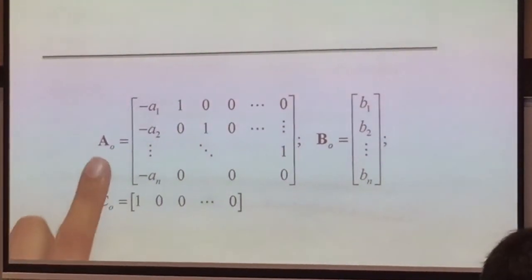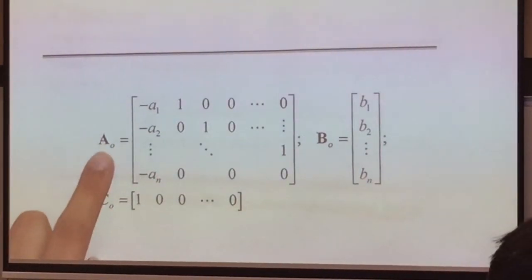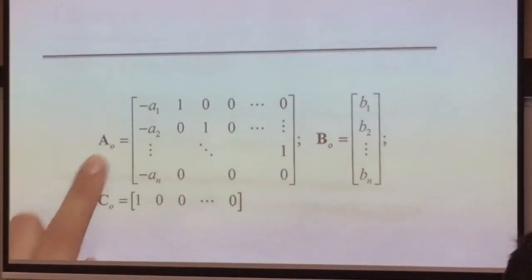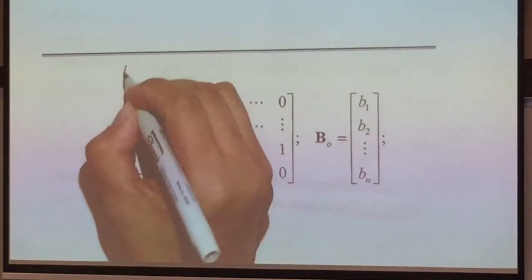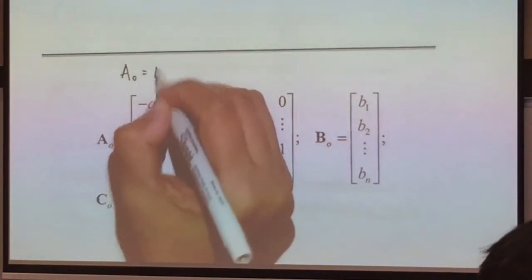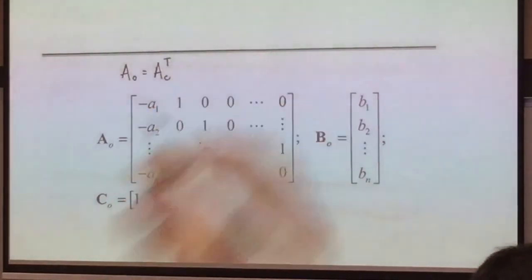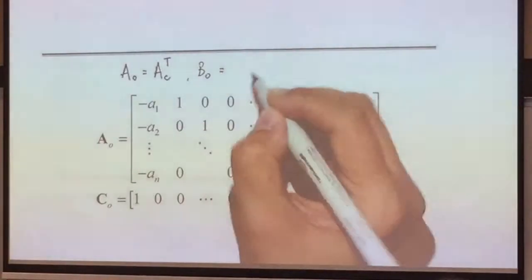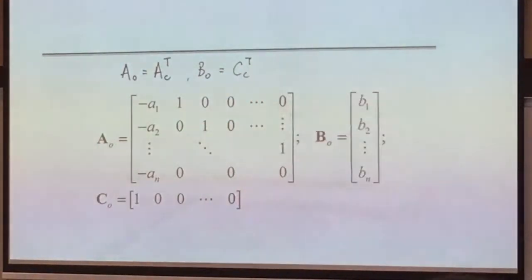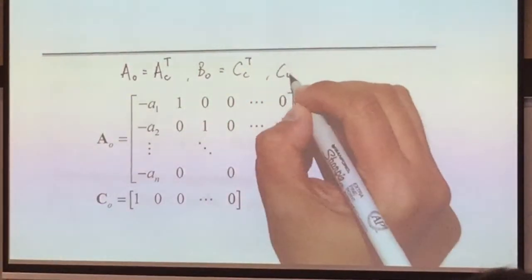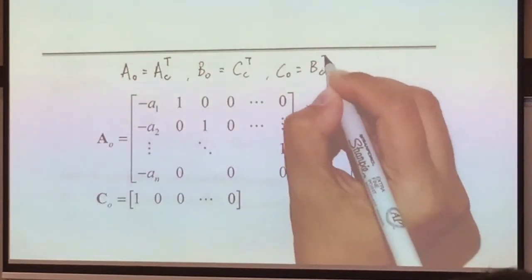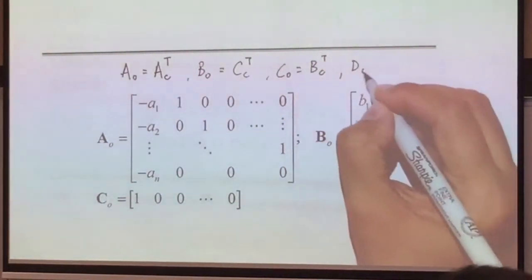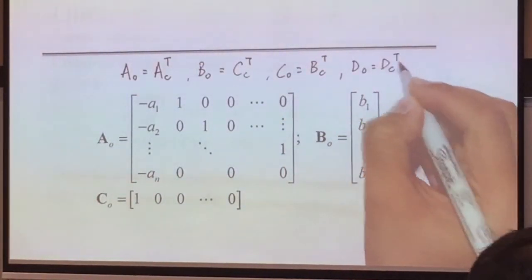Okay, so see that your AO is AC transpose. Okay, your BO is CC transpose. Your CO is BC transpose. So it's always C.